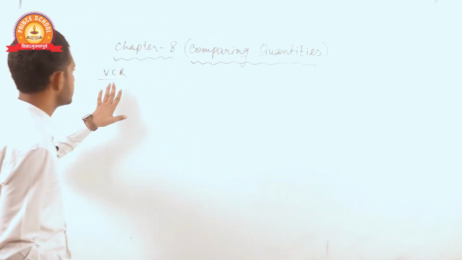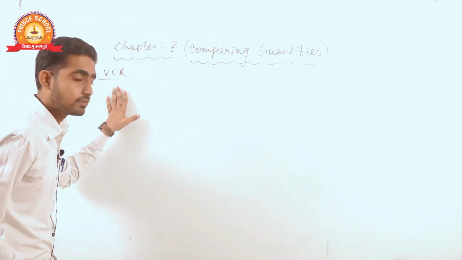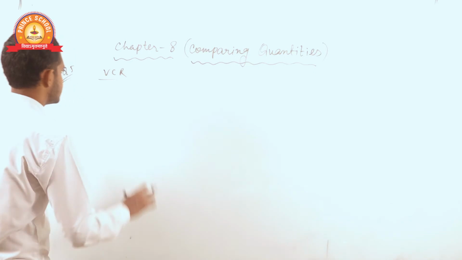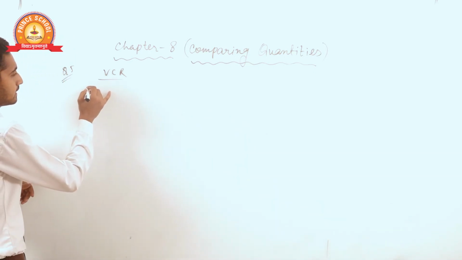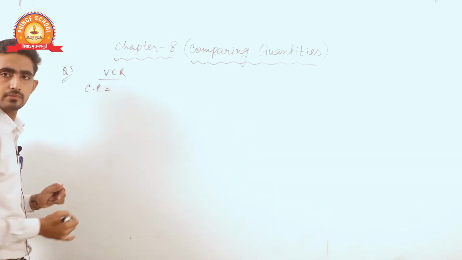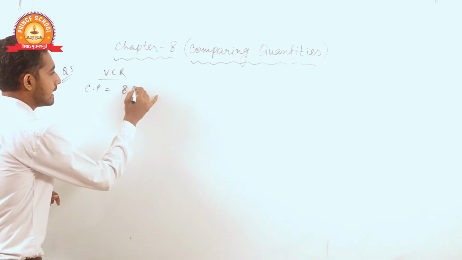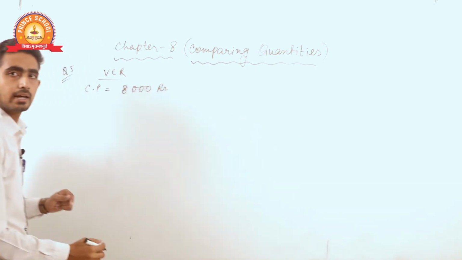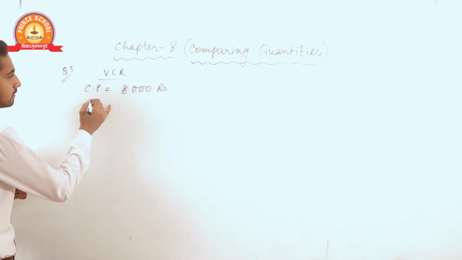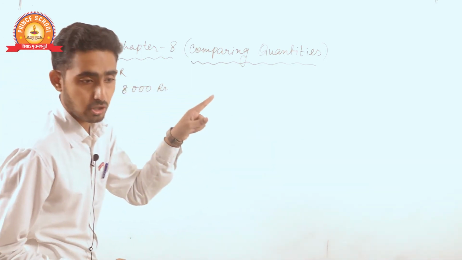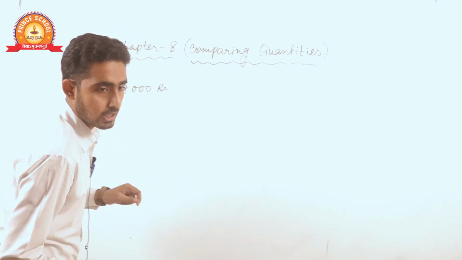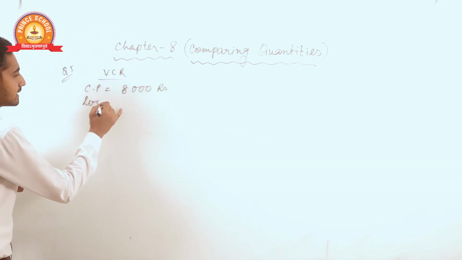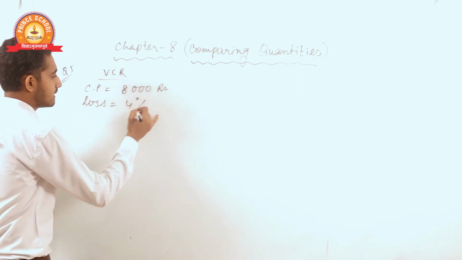So we know the cost price of VCR, that is 8,000 rupees. So we have to write down CP of VCR is equal to 8,000 rupees. Now in case of VCR, loss or gain? That is 4% loss.